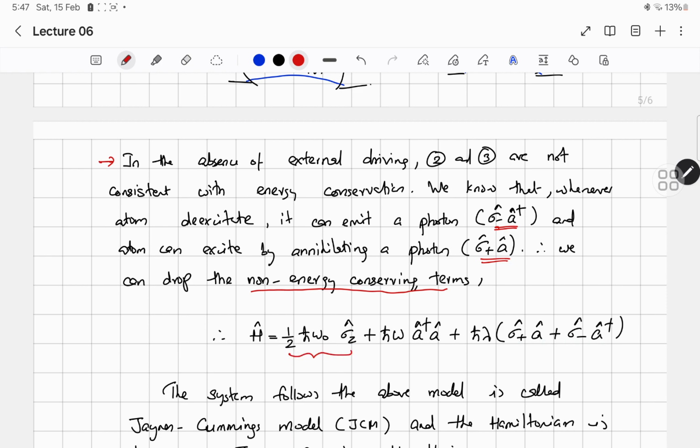Remember, this corresponds to a two-level atom, and this corresponds to a single mode field. This need not be an atom; it can be any system having two levels. Sigma plus A corresponds to excitation with photon annihilation, and the other term is de-excitation with photon creation.